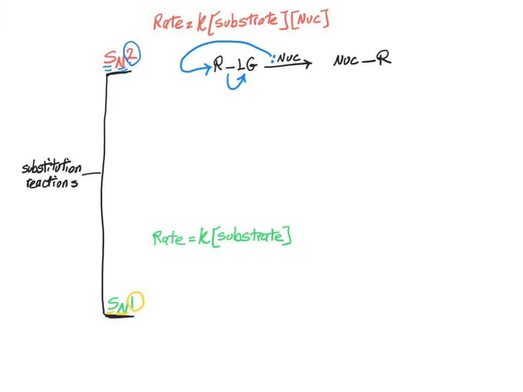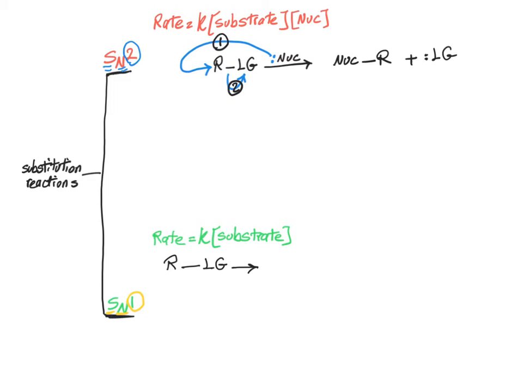And we show this bond formation with this arrow number 1. The second arrow shows that the bond between the leaving group and the substrate starts to break, and the leaving group is taking both electrons of this sigma bond and leaves the molecule.